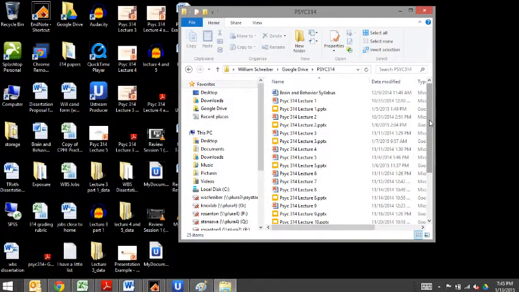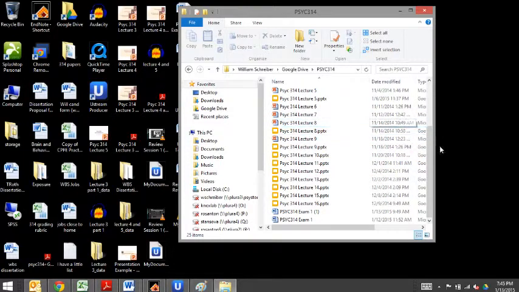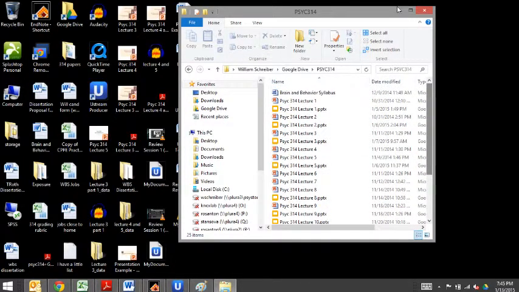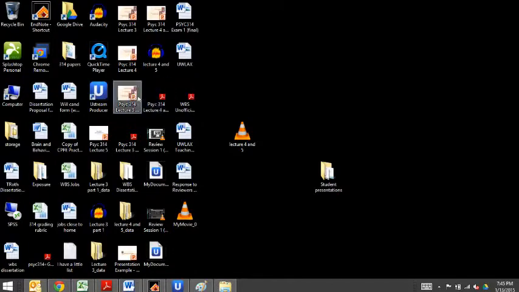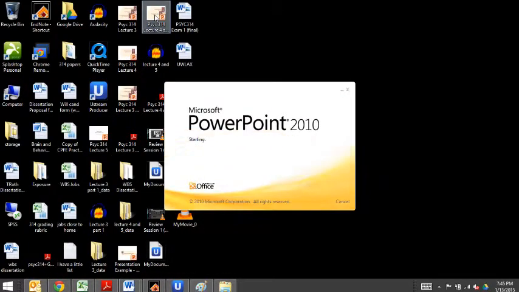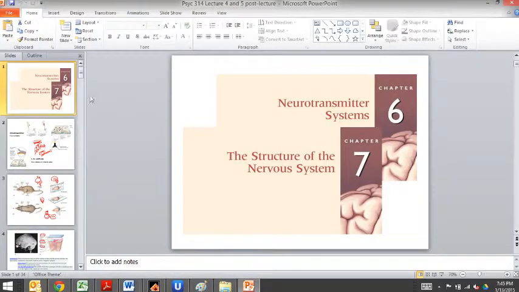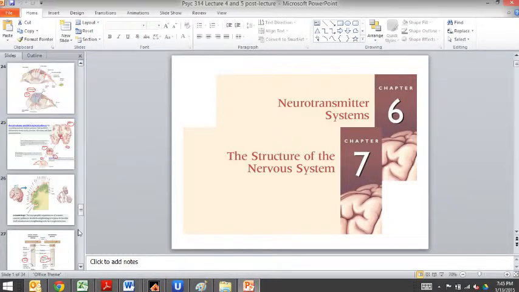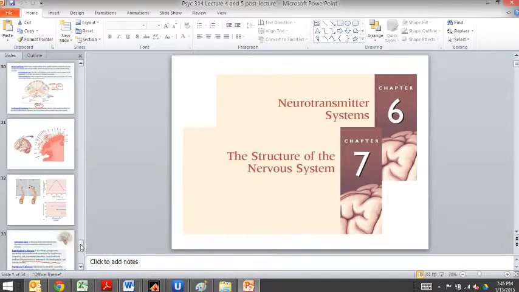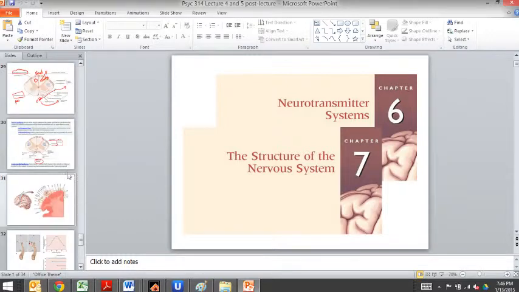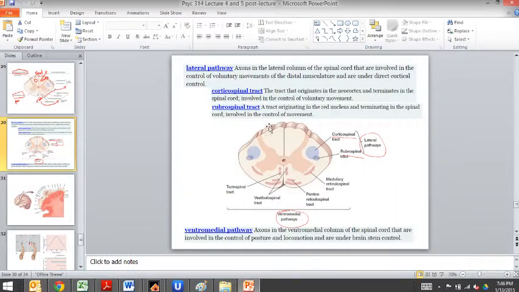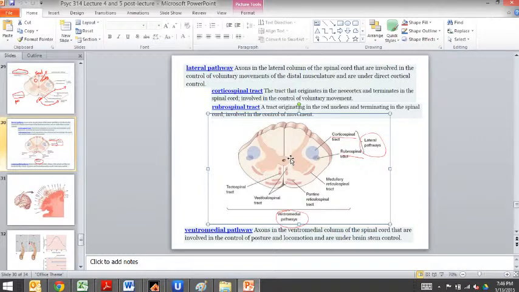I'm just going to pull up an image here of the lecture that was relevant to this. Okay. So what this question is basically talking about is this slide here. So different divisions of the lateral pathways of the spinal cord.